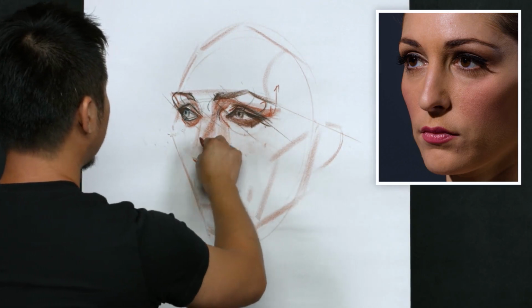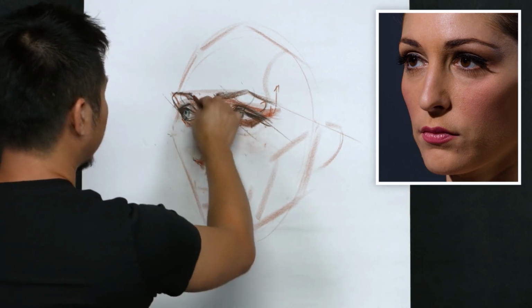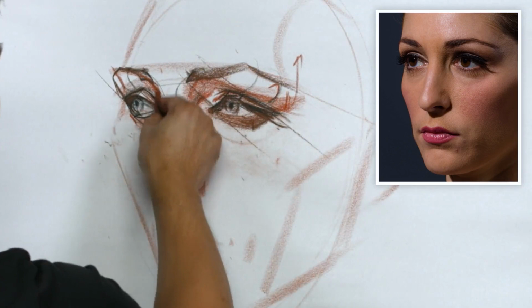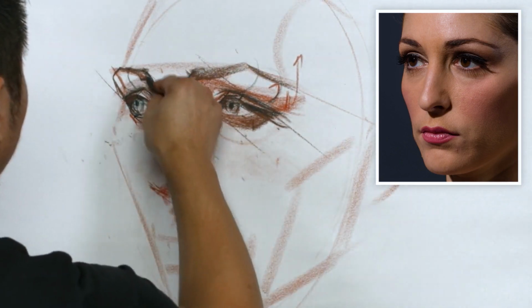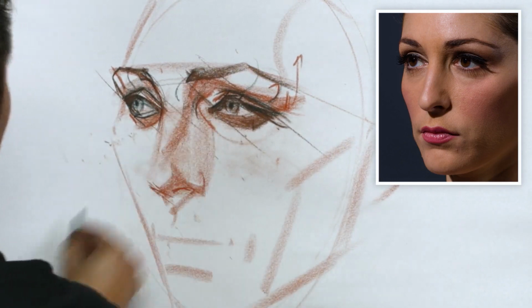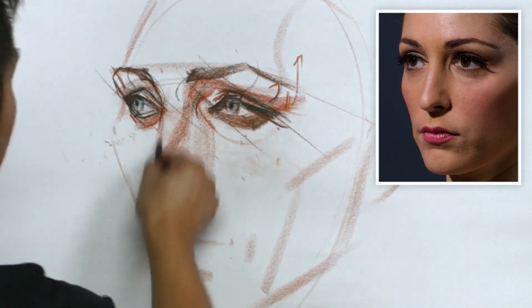Same thing, you got that diamond shape right here. Cover the eyes, because you're drawing a 3/4 view. You're probably going to cover part of the tear dot.